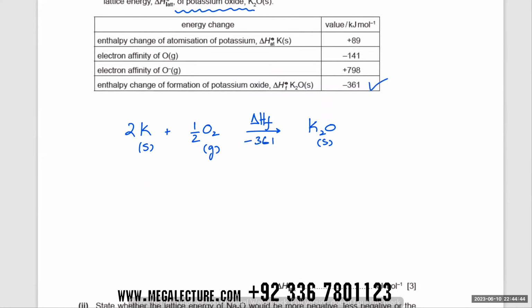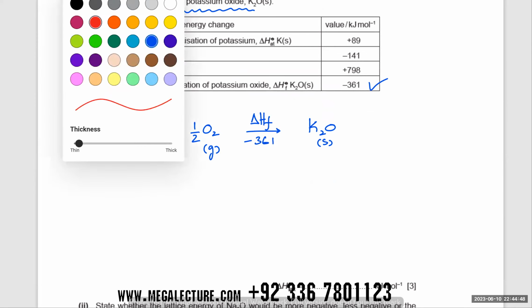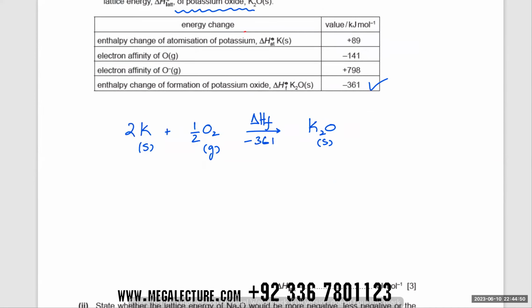Now I'm going to atomize, ionize, and then form the lattice, right? So we can quickly atomize it in one step. I want to turn the potassiums into potassium gaseous atoms, and the oxygen into oxygen gaseous atoms. The atomization of potassium is already given. That's plus 89 for 1 mole, so this is going to be plus 89 times 2, right?